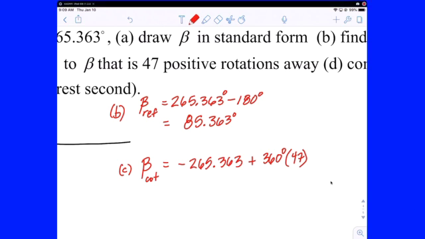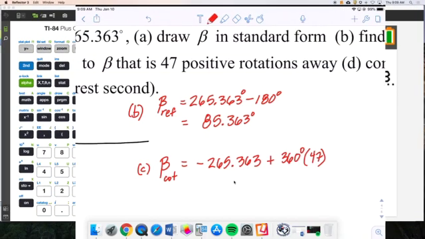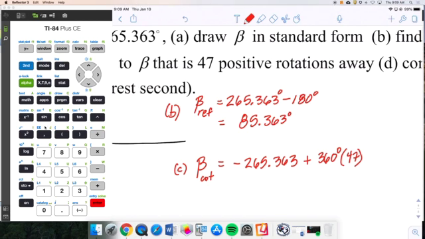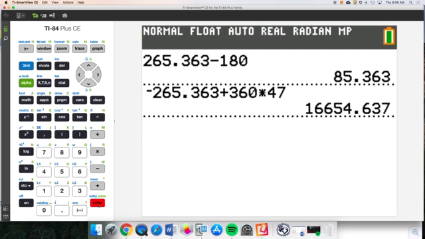All right, so there's your setup. You write it down on your iPad paper, and then you go to the calculator. Let me just keep this split screen here. All right, so now we can just type that in there: negative 265.363 plus 360 times 47. And we write it down.